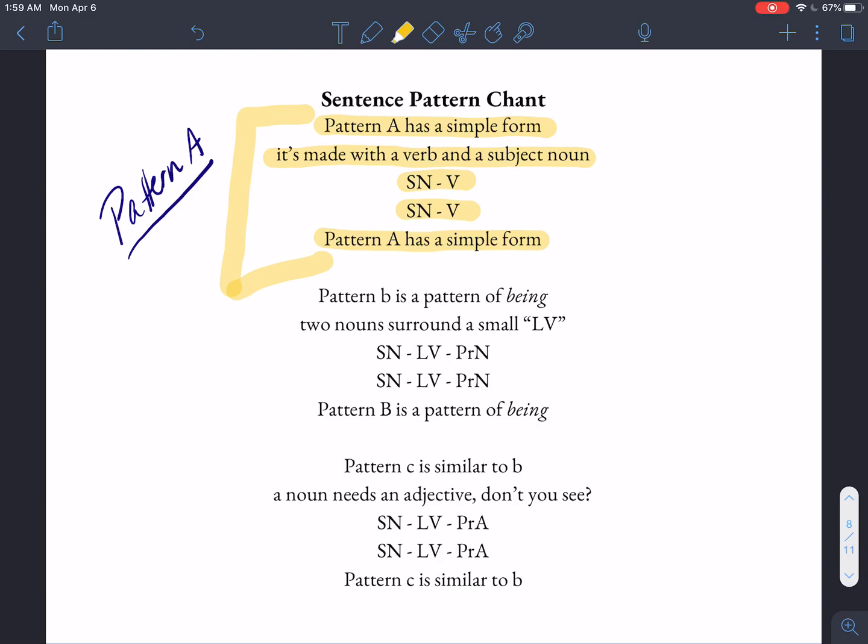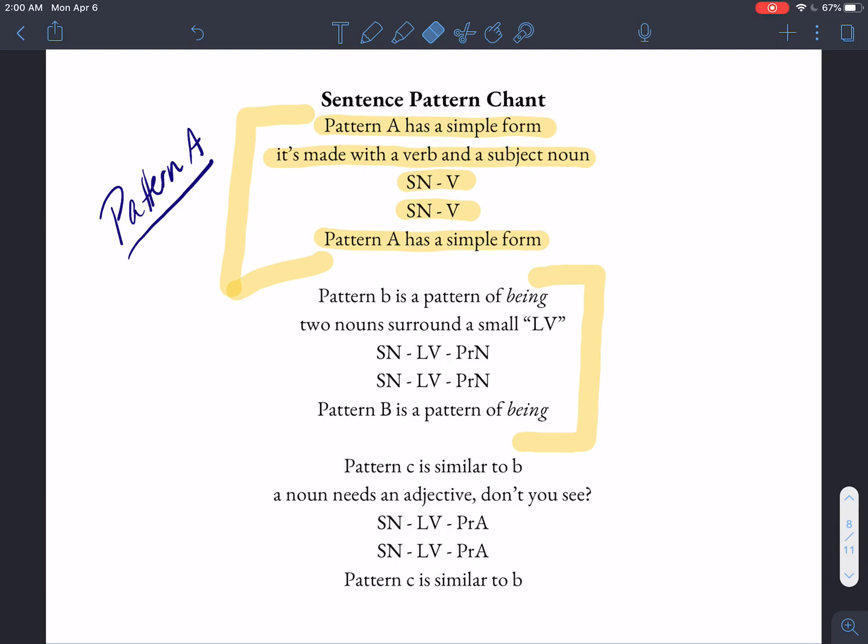Now I'd like to do pattern B. We'll do it maybe 2 times. Here we go. Pattern B is a pattern of being. 2 nouns surround a small LV. SNLV, PRN, SNLV, PRN. Pattern B is a pattern of being.